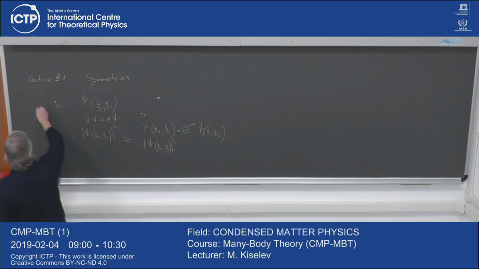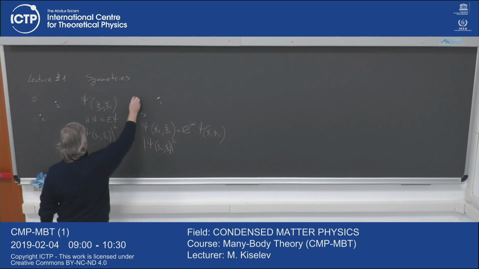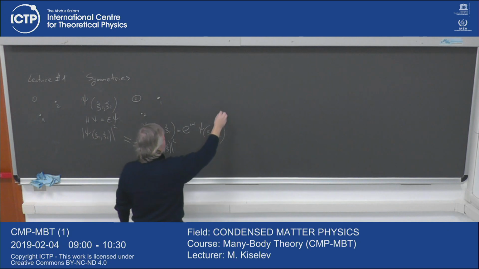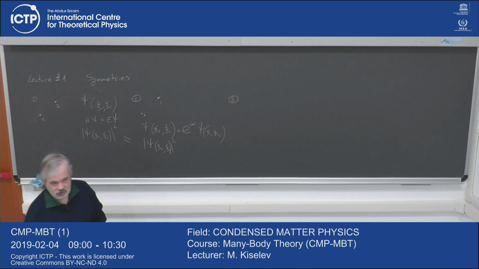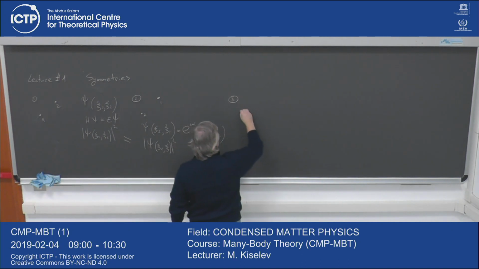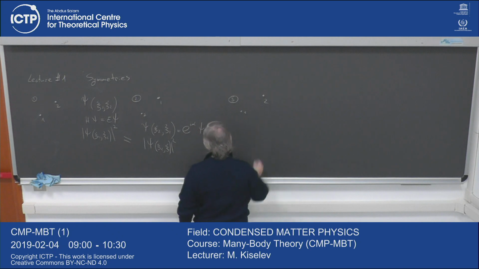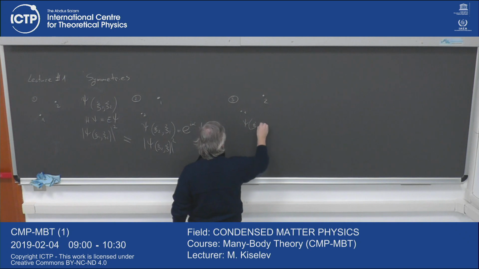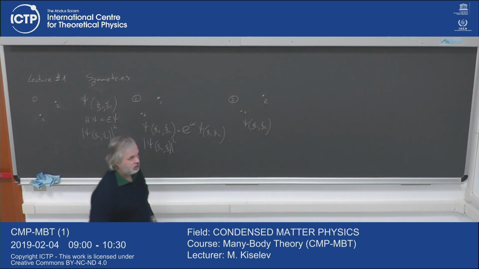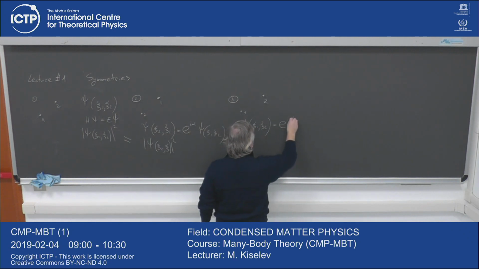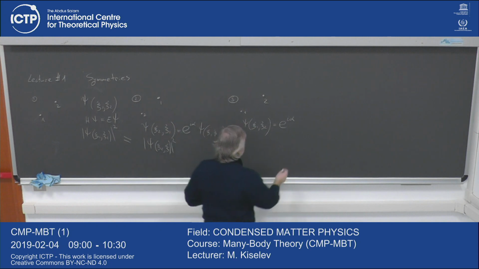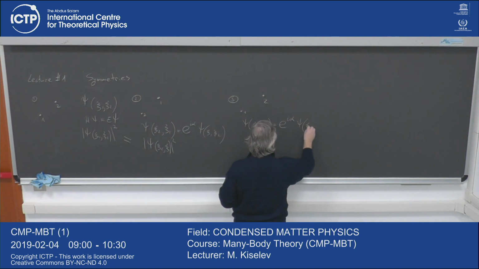So this was step number 1, this was step number 2, and let's make step number 3. So we take these two indistinguishable particles and interchange them again. So we have 1 and 2. Again, as a result of this interchange, we have psi as a function of ξ1, ξ2, which, in accordance with the previous step, can only differ from the wave function which we got in the previous step, psi(ξ2, ξ1).